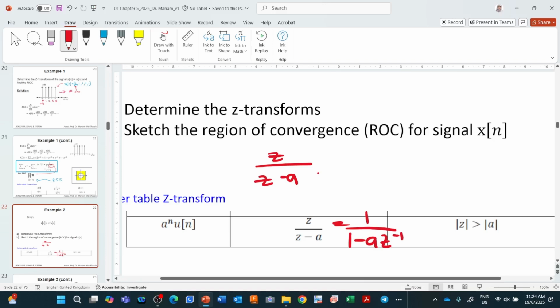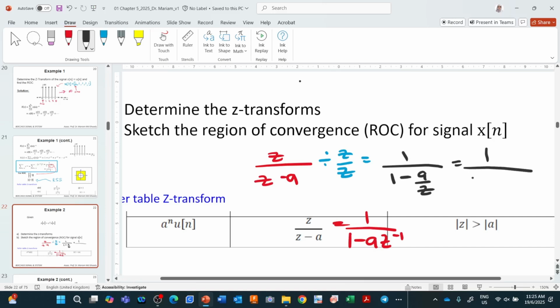How you change from this format to this one is by dividing by Z over Z. So what you get is 1 over 1 minus A over Z, which is in this equation: 1 over 1 minus A z inverse.